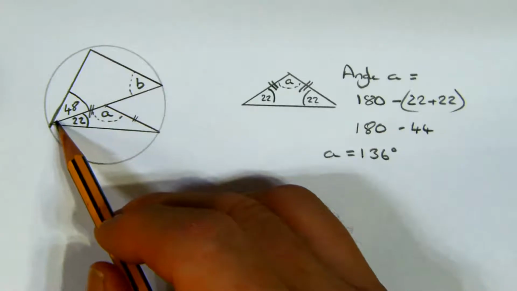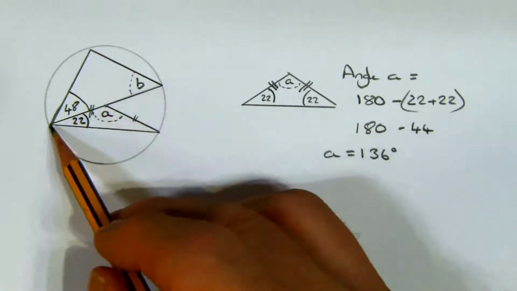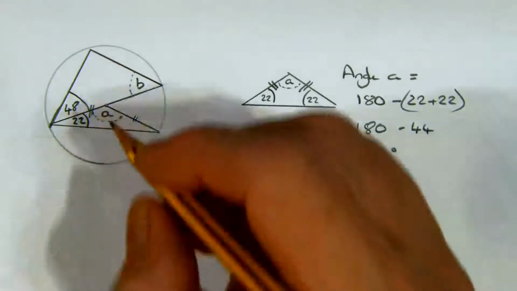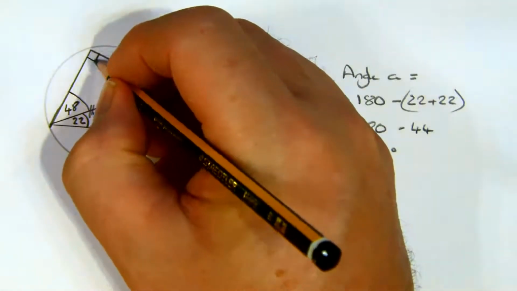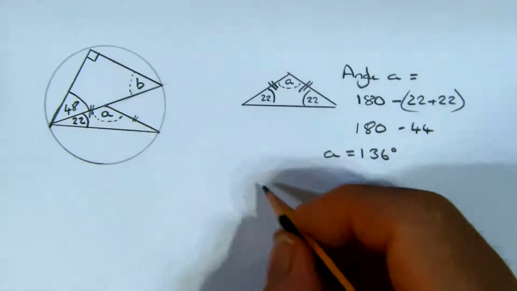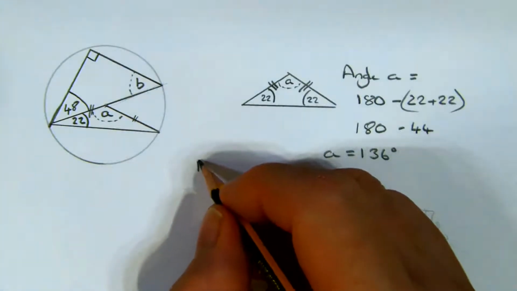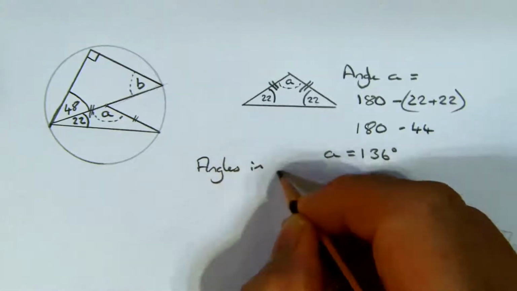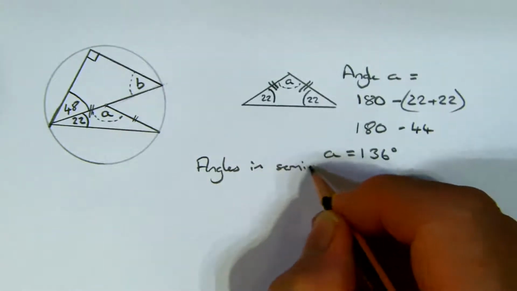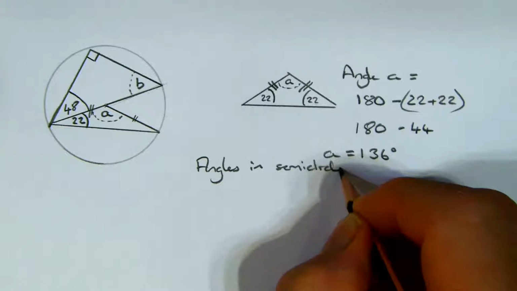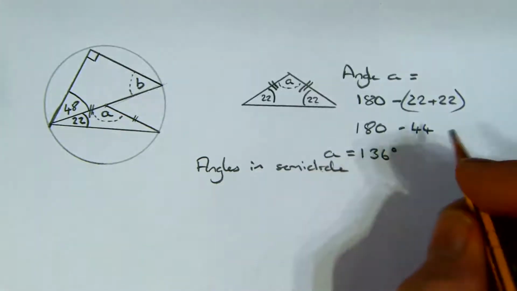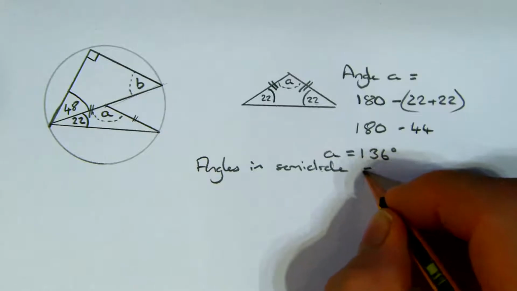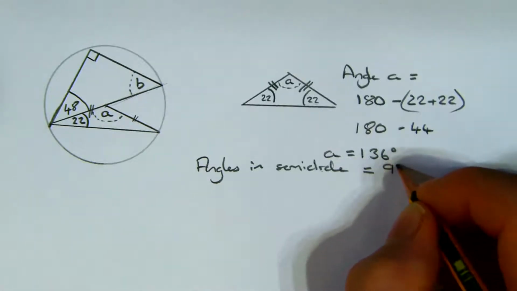Well, this triangle here, we know this is a diameter. If this is a diameter, then we can say that the angles in a semicircle, can't spell, equals 90 degrees.